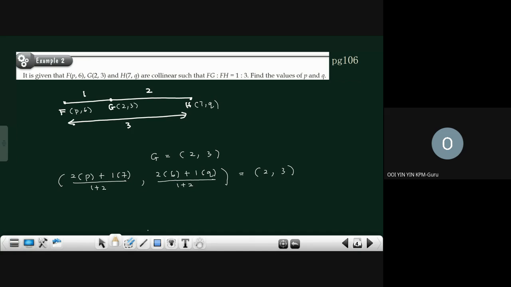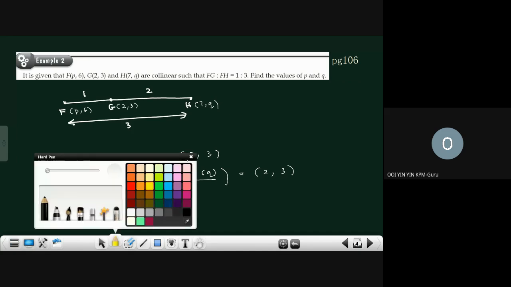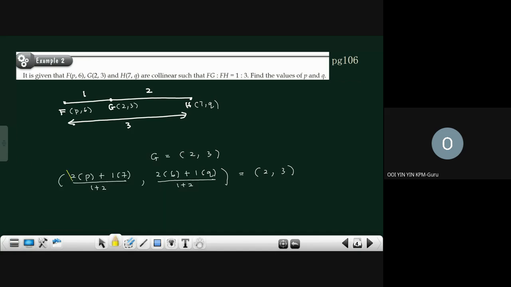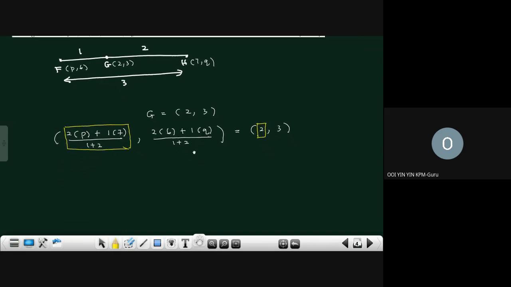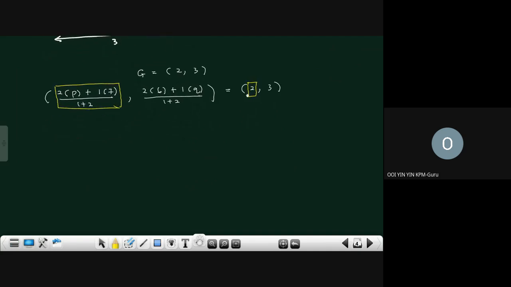Okay, now we can draw out like this. This part here will equals to your 2 here, right? Your x equals to your x here, y equals to y.